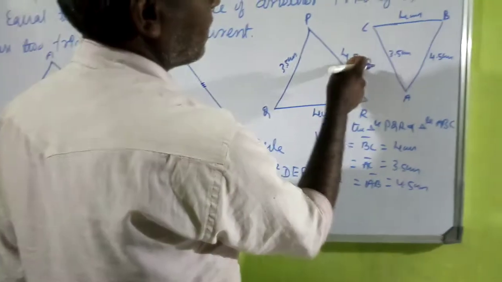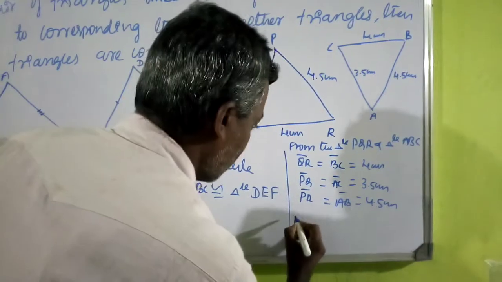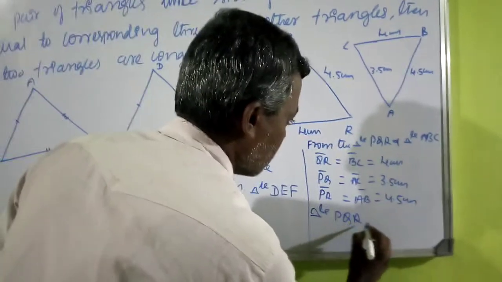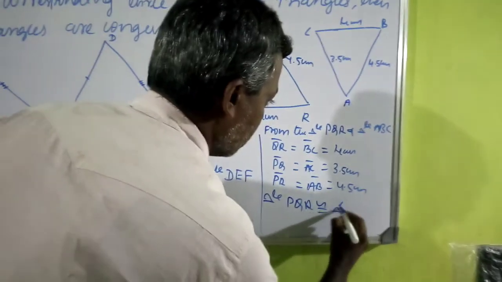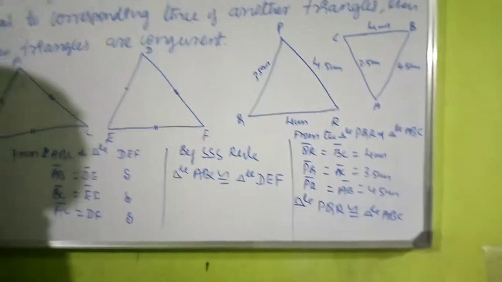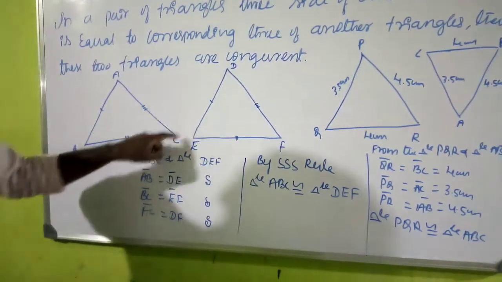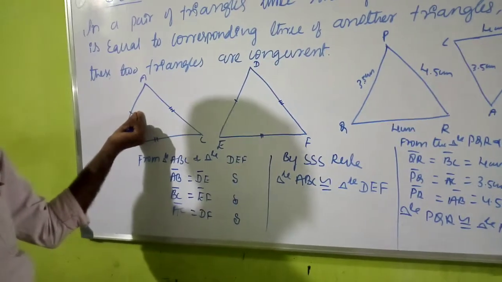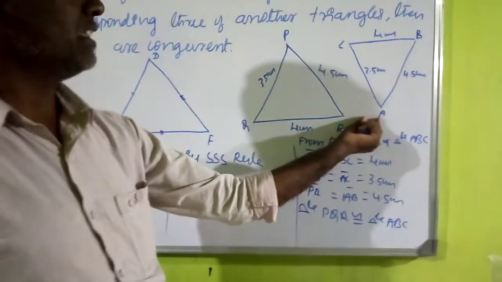PR is another side, that is 4.5 centimeters, and the corresponding side AB is 4.5 centimeters. Now triangle PQR is congruent to triangle ABC. From these two examples, we say triangle ABC is congruent to triangle DEF. Here I have represented it symbolically. In these two diagrams I have given the values for these sides, basically the side lengths.